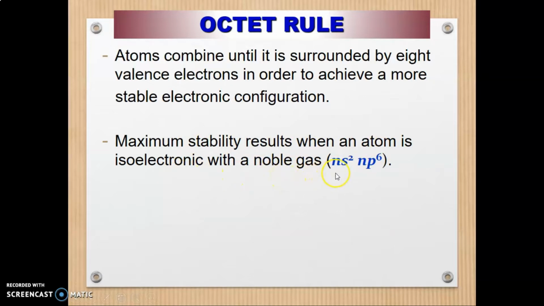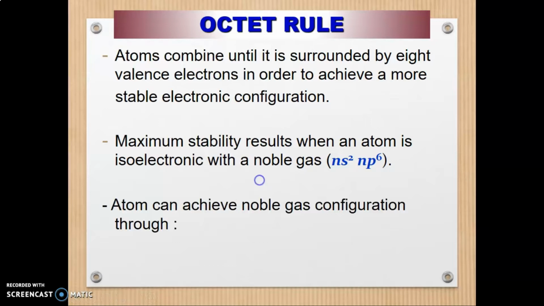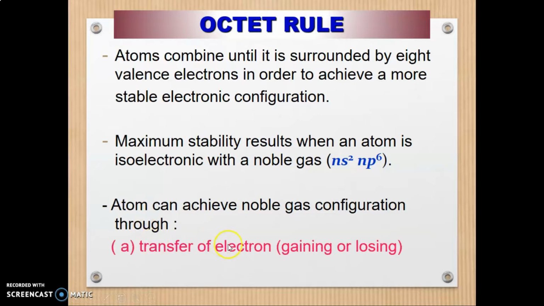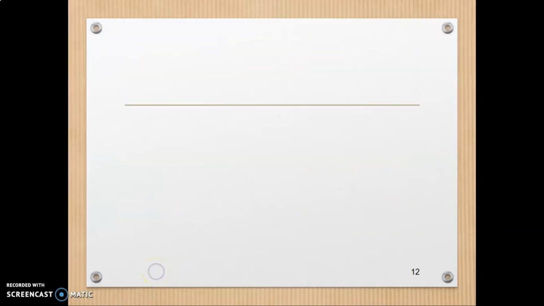So noble gas configuration is ns2 and np6. Orbital s is full of electrons, orbital p is also full of electrons. So this is stable. So an atom can achieve noble gas configuration through transfer of electrons and sharing of electrons.